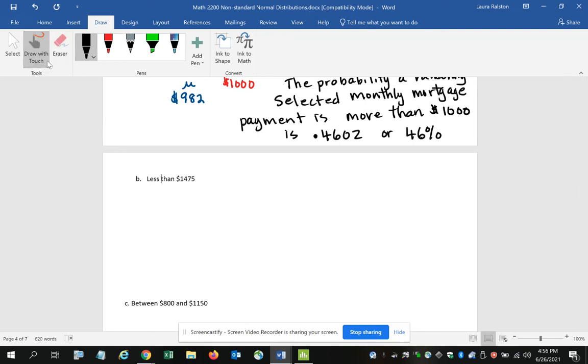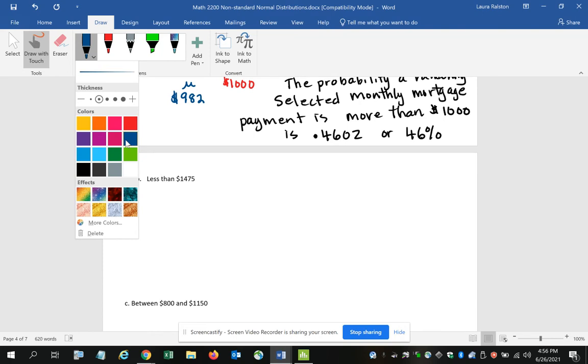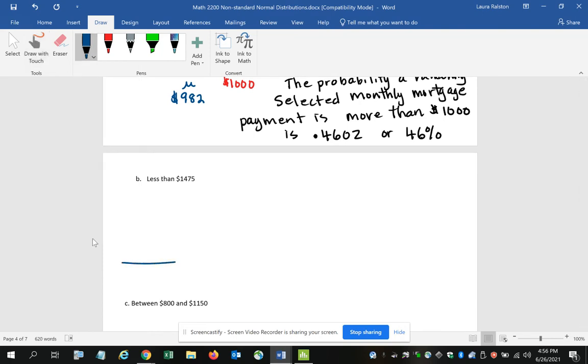Again, if we think about the picture, we know that we have a normal distribution. It tells us that our mortgage payments are normally distributed. Horizontal axis, bell-shaped curve, mean is in the middle of 982.